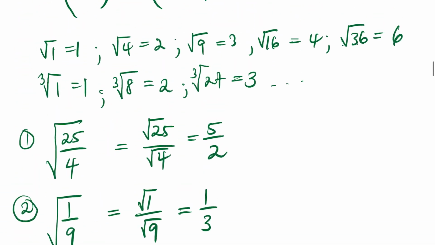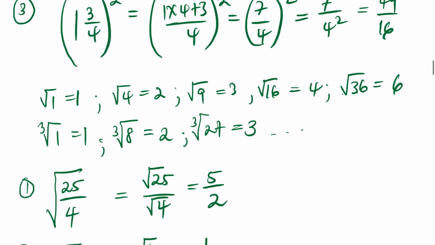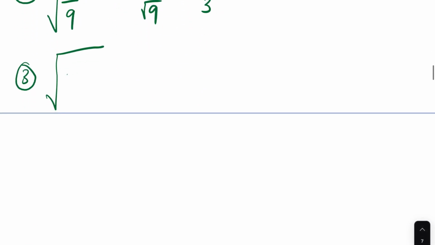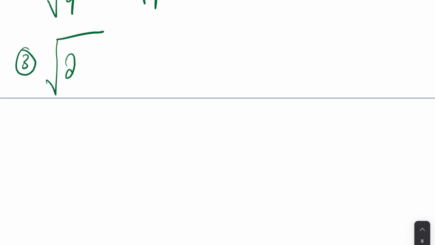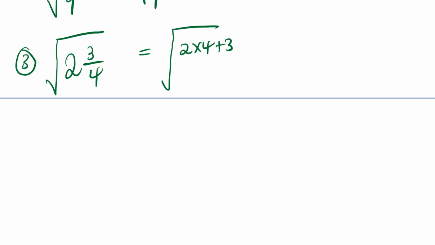Now let's look at when we have a mixed fraction, like 2 and 3 over 4, right? We first fix the mixed fraction. It's going to be 2 times 4 plus 3 over 4.